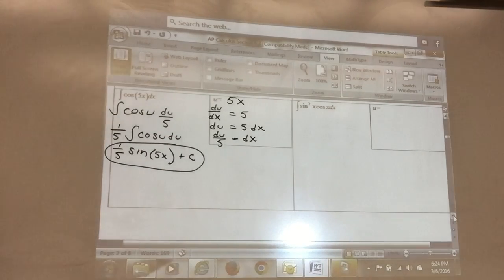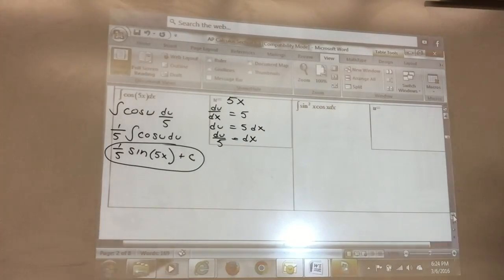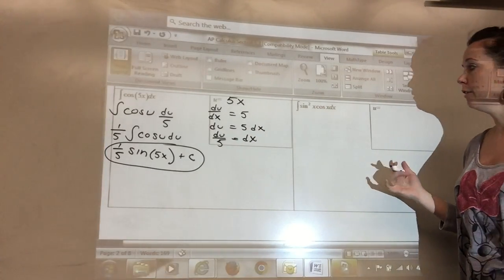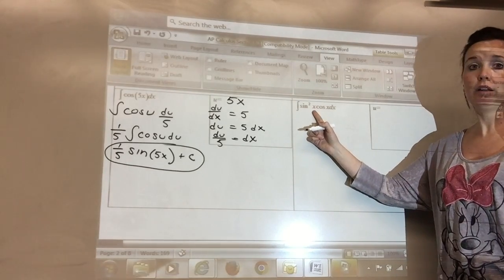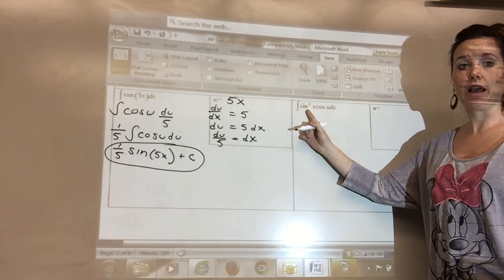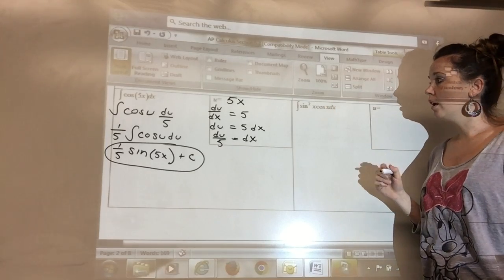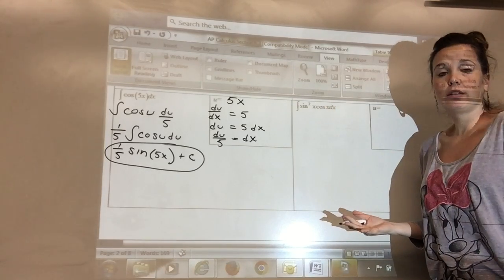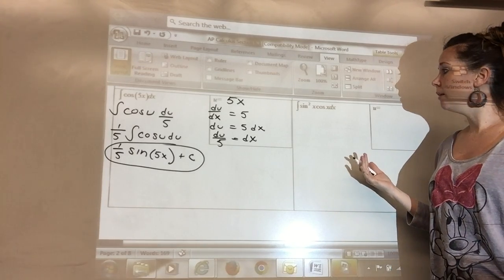Okay, next example. We have sine squared x cosine x. Okay, so this one I would say is a little bit trickier. Options, u could be the sine squared. U could just be one of the sines. U could be the cosine. So when you're new at it, honestly, just pick something and see what happens.